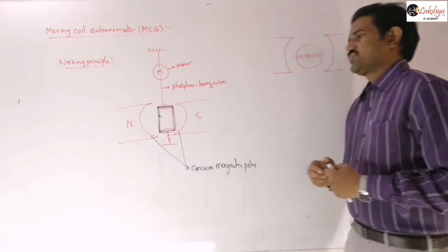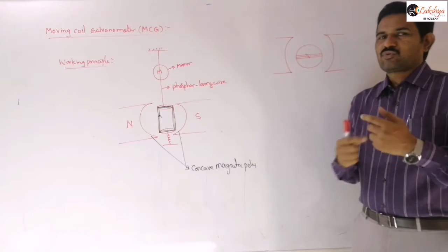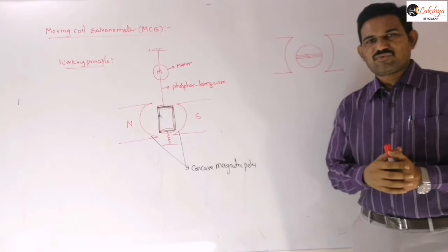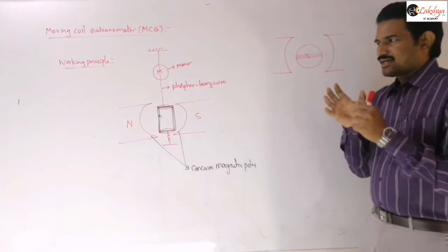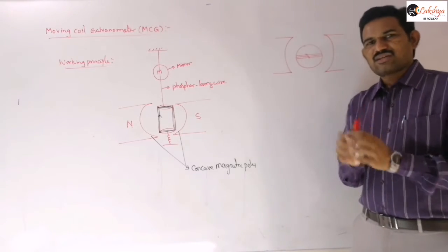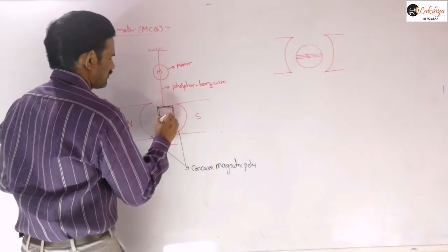It consists of a rectangular wire frame, on which some n number of turns are wound. Inside that rectangular wire frame, we place a cylindrical arrangement, a cylindrical soft iron.